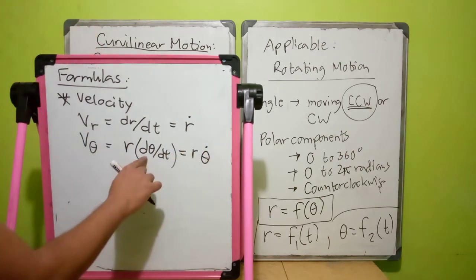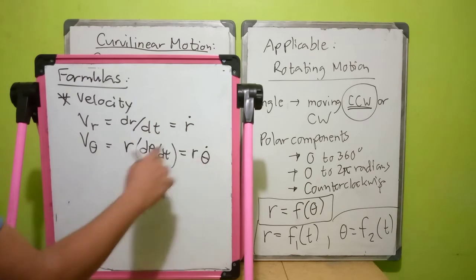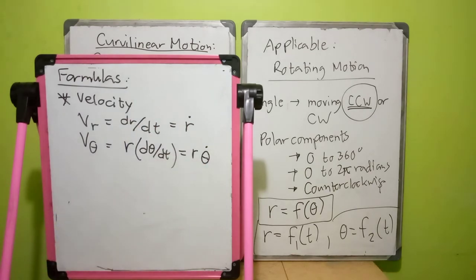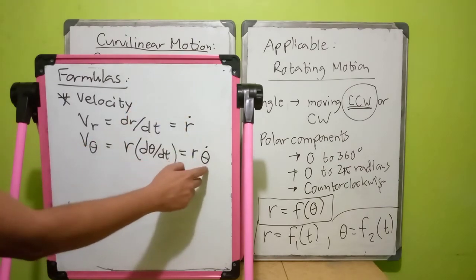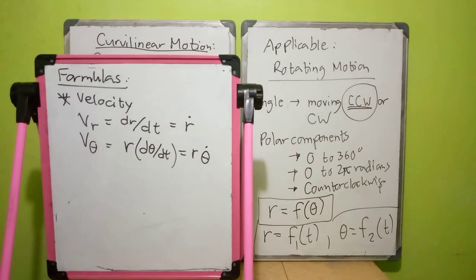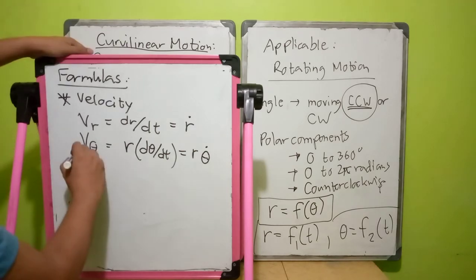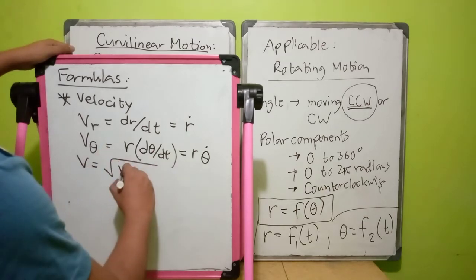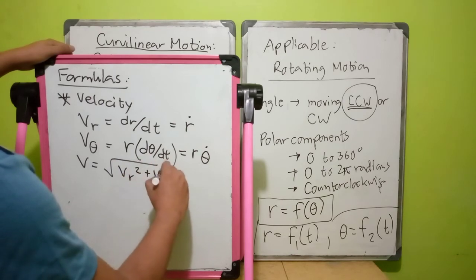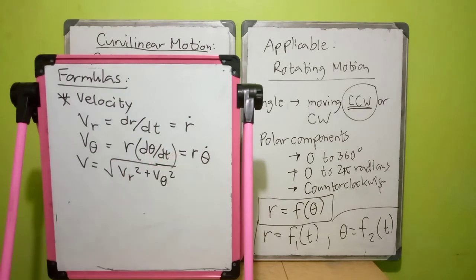So d theta over dt is also equivalent to this, which means it is the derivative of your theta, or your angle, with respect to time. And your total velocity, or resultant velocity, will be equivalent to the square root of vr squared plus v theta squared. So that is for your velocity.